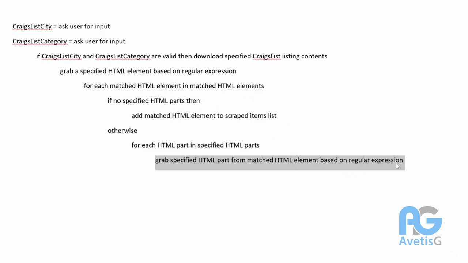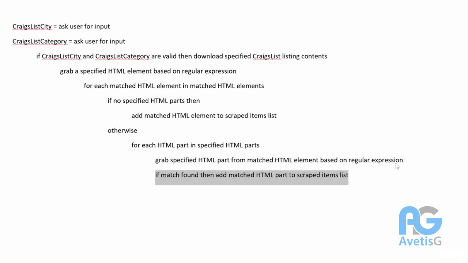So essentially what we're doing is we're first grabbing the listings, then from the listings we're grabbing what we want. We can just say, hey, this is the entire listing, or we can say, hey, from the listing we only care about description and we only care about link. And in our case, that's exactly what it is. But what we're doing here is we're trying to make our application flexible so that if the business requirements change, then we can change it easily.